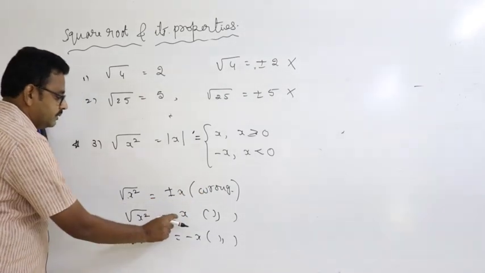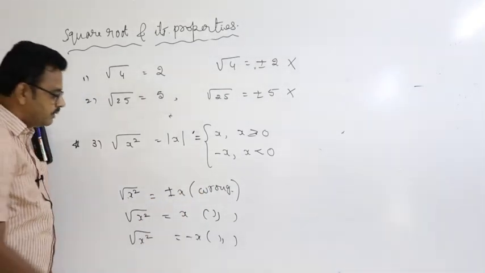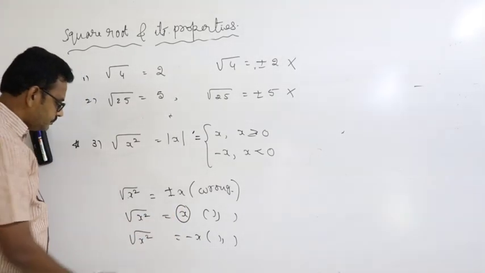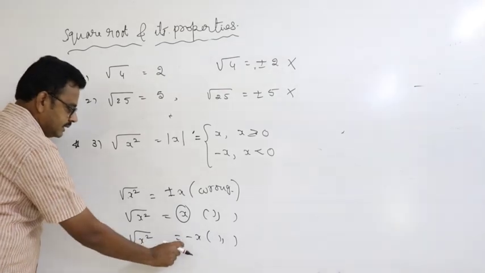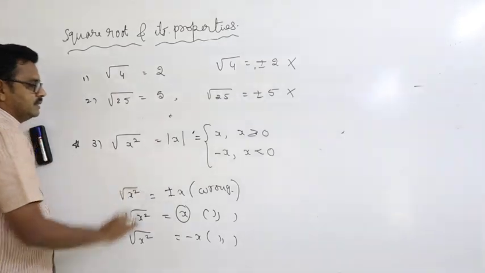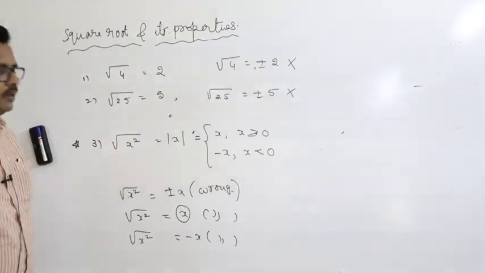Root of x square equal to x is also wrong, and root of x square equal to minus x is also wrong, because we don't know whether x is positive or negative. So root of x square is equal to what? Mod x.